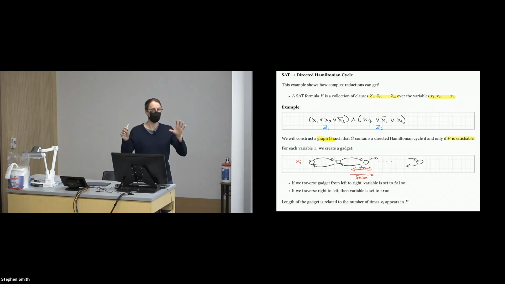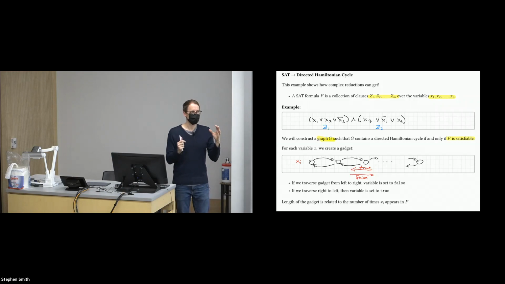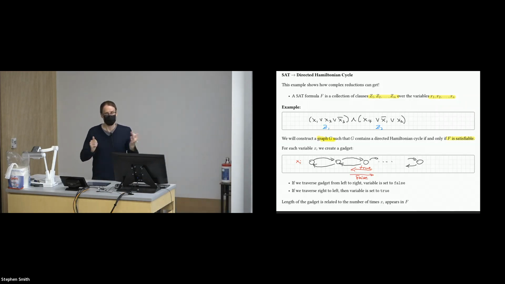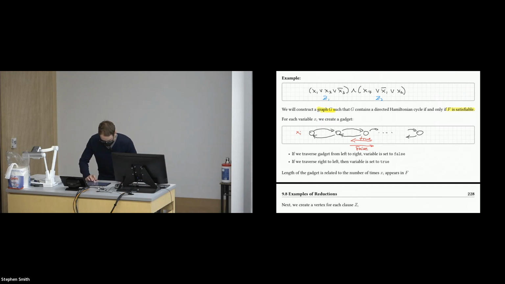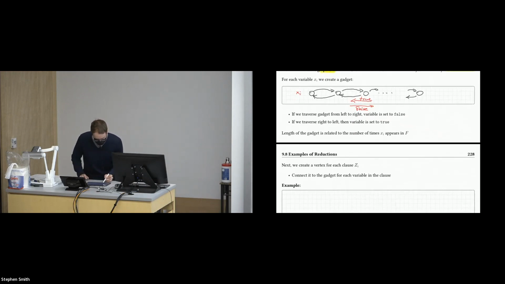So let me show you how I'm going to connect it up, because this is maybe a way to encode setting a variable to true or false, but somehow I have to connect it up to clauses to decide whether I'm satisfying a clause. That part's entirely unclear. So next we create a vertex for each clause.